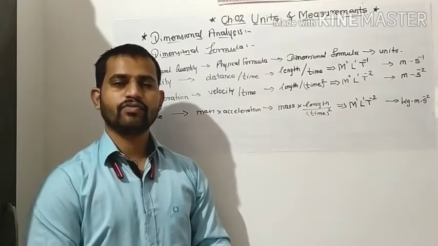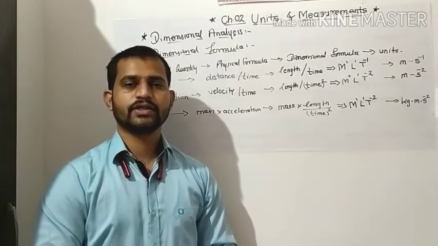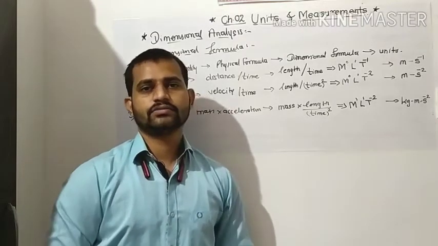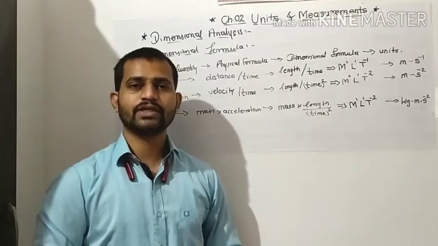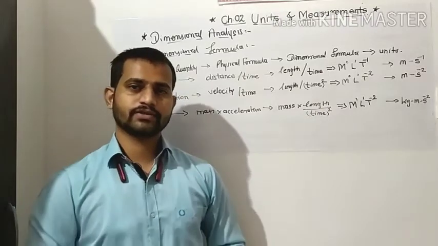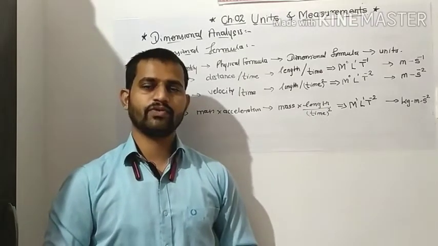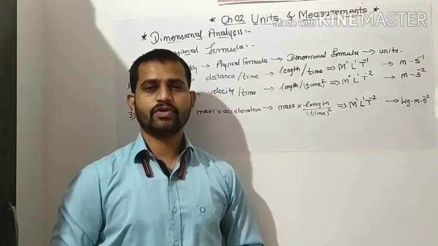For the calculation of those quantities, we require knowledge of these basic quantities. So we have to remember these six or seven dimensional formulas directly so that we can put them down there. So this is about the dimensional formulas.